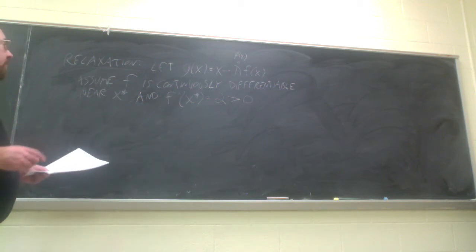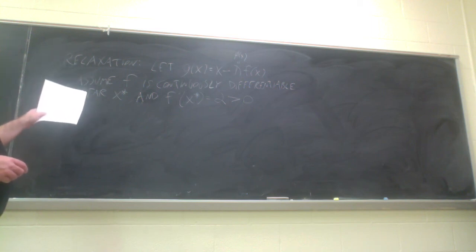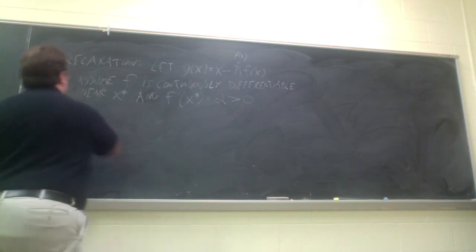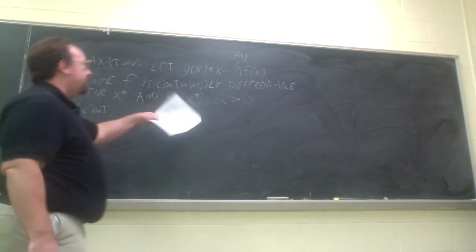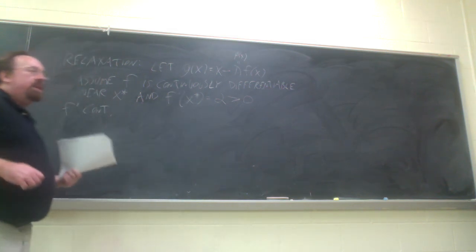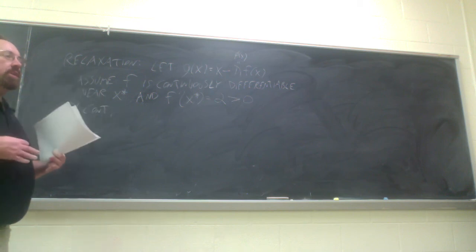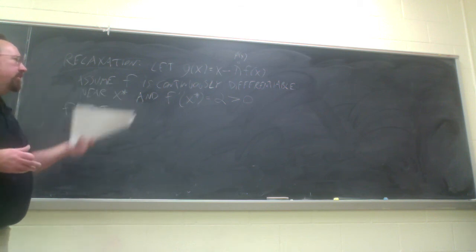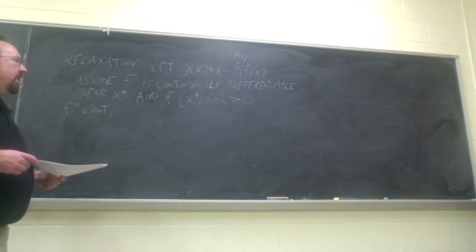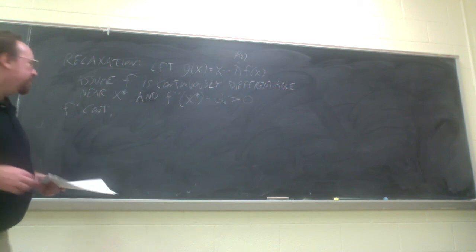Okay, so because f prime is continuous and it's positive at this point, that means if we are sufficiently close to that point, f prime still has to be positive nearby. It can't just spontaneously dip to negative arbitrarily close to x star, because that would violate continuity.